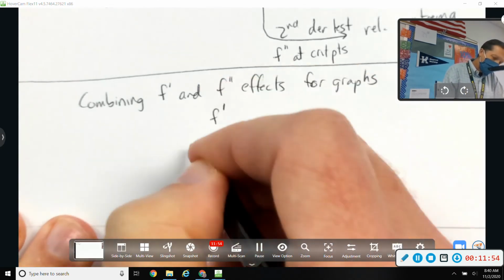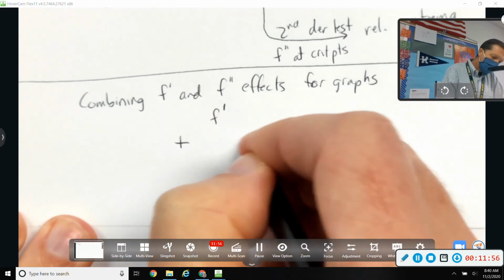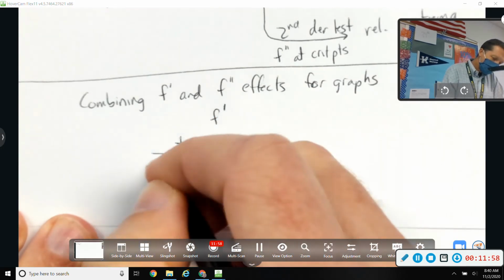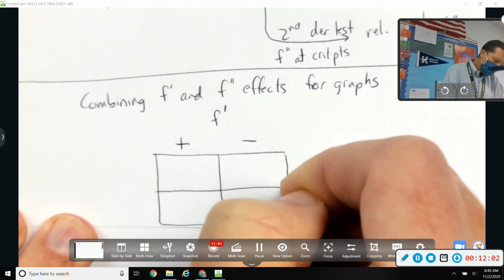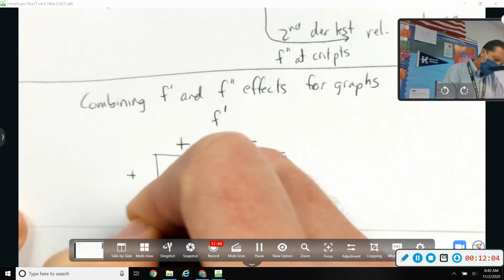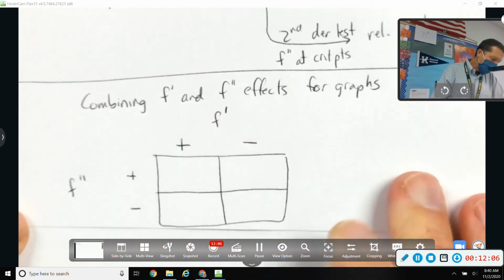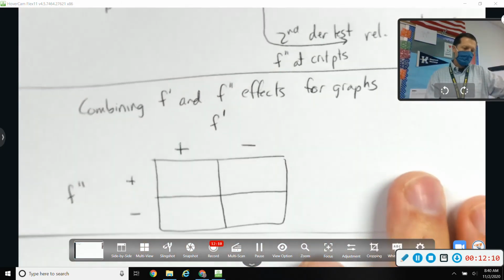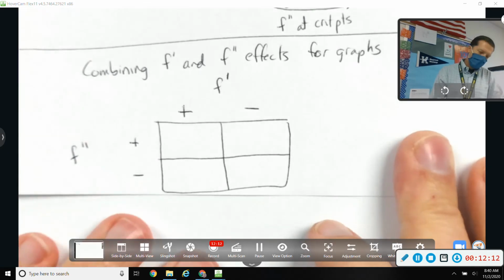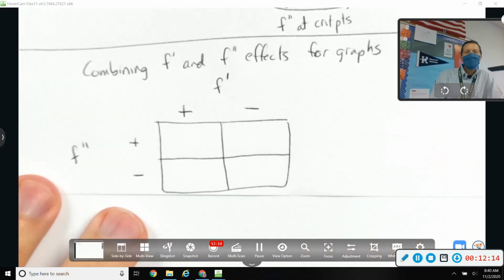So we could have f prime being positive or negative. We could have f double prime being positive or negative. I want to draw a little piece of a graph in each of those quadrants.